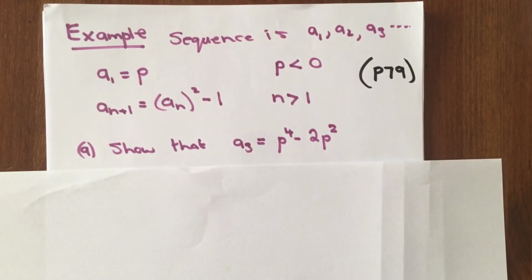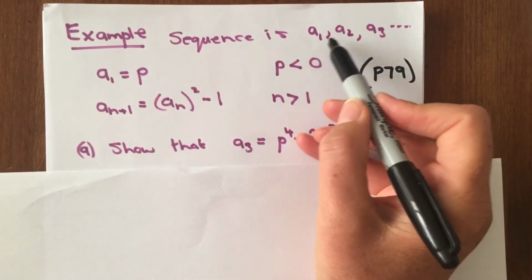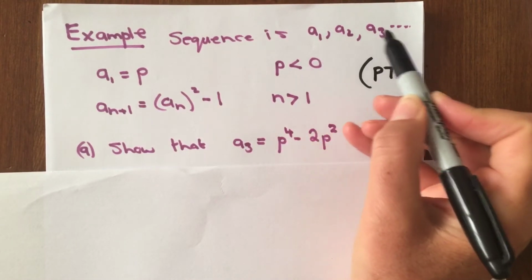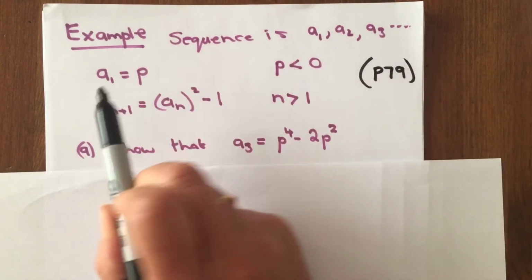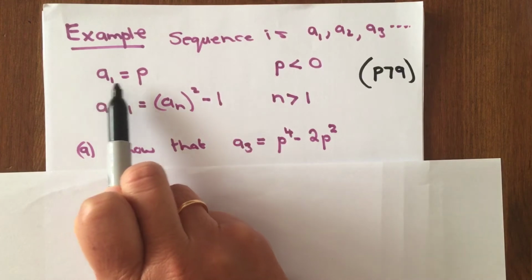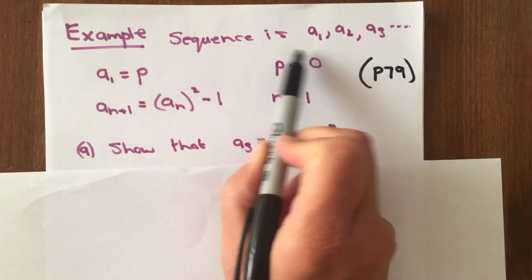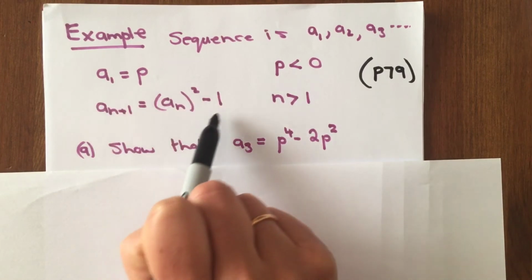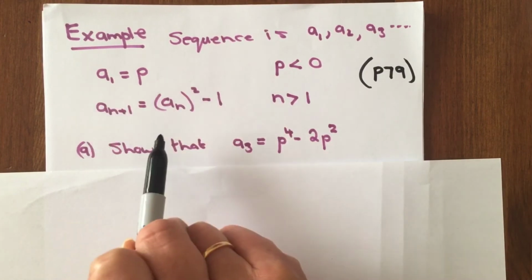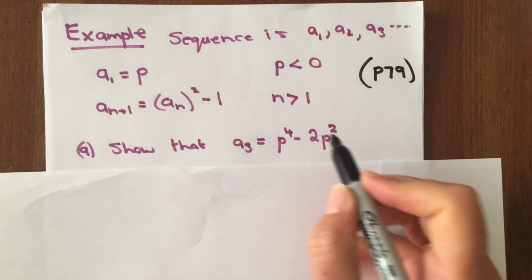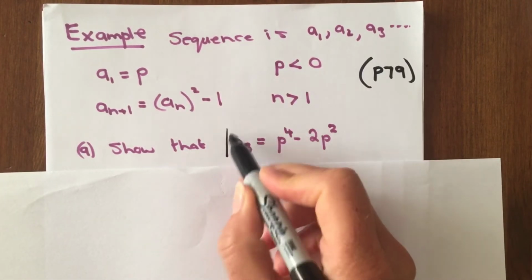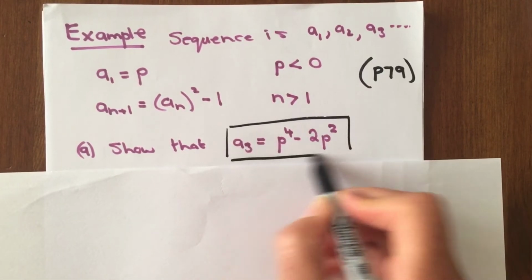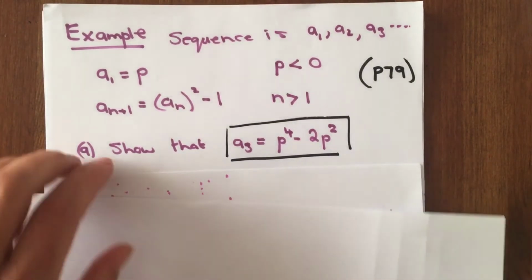So I've got a sequence of numbers, A1, A2, A3. I'm told the first value is P, and P must be negative because it's less than 0. And here's my recurrence relationship to get my other values. The first thing you're asked to show is this formula here, this connection.